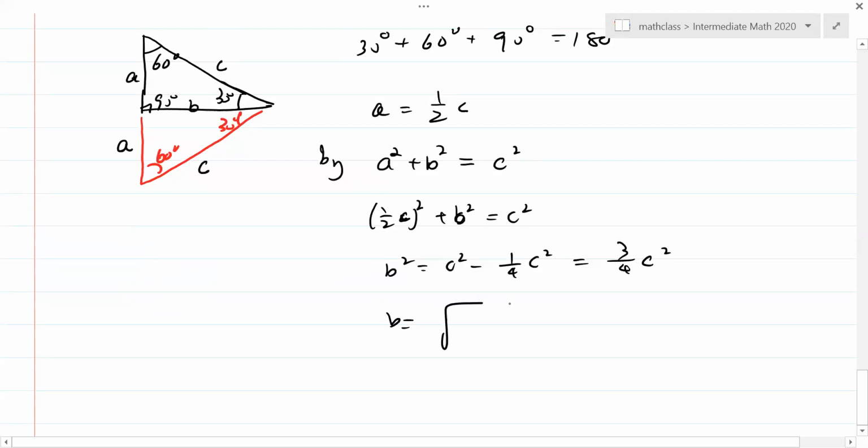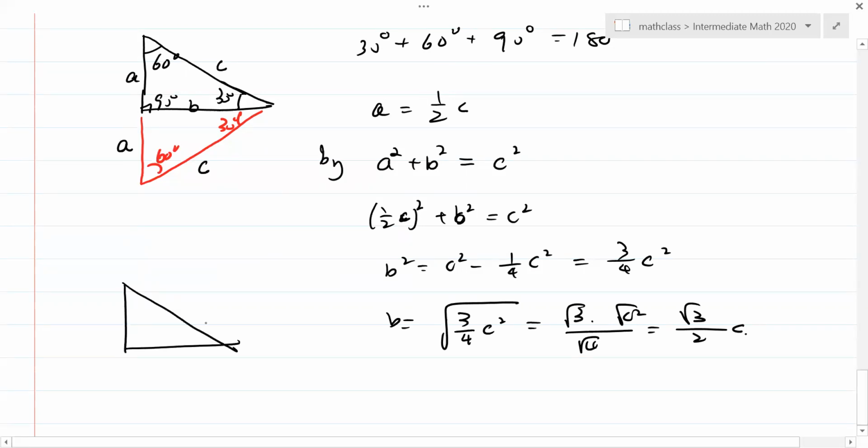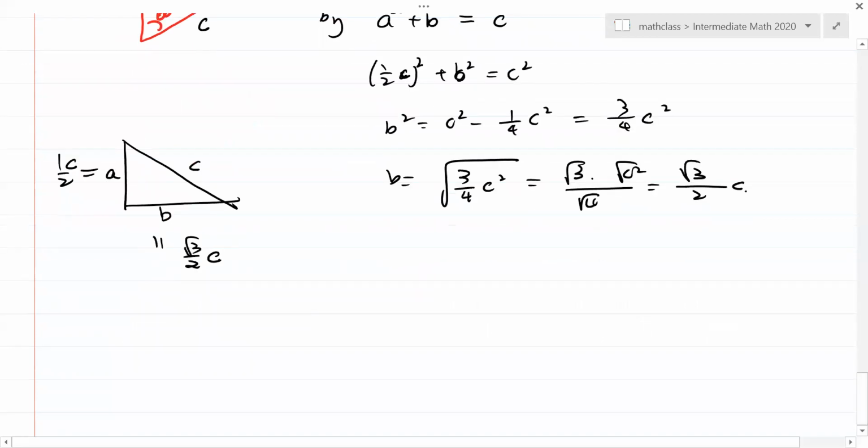So B is going to be square root of 3 over square root of 4 times C, and the square root of 4 is 2. So for the special triangle, this is C, A is 1/2 of C, and B is going to be square root of 3 over 2 times C. So that's the relationship.